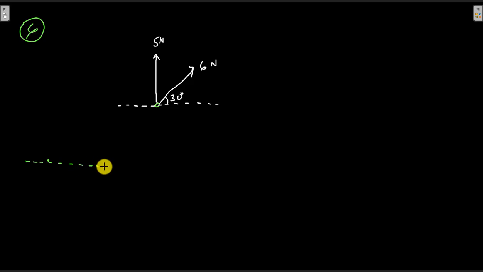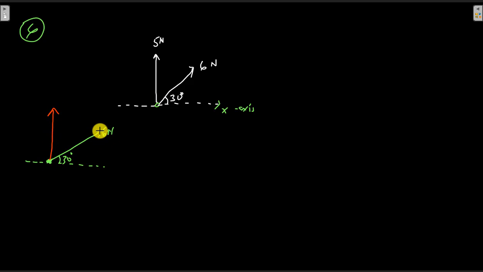So there we go, we have the horizontal plane. This is not a force, it's just the x-axis, if you like to call it that. Here we have our point mass, and there we have our 6 newton force at an angle of 30 degrees. Let's complete this diagram by indicating the components of this 6 newton force.